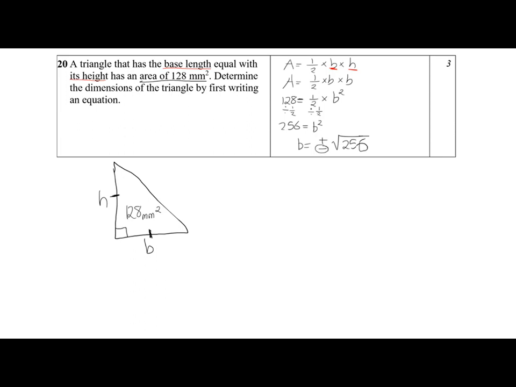There's just no way. So kind of similar to Pythagoras' theorem, we don't actually worry about the plus or the minus here. We just concentrate on the fact that it's going to be the positive square root of 256, and we don't worry about the negative option. You might know that off the top of your head. Great. If you don't, put it into your calculator. It gives you that b is 16.